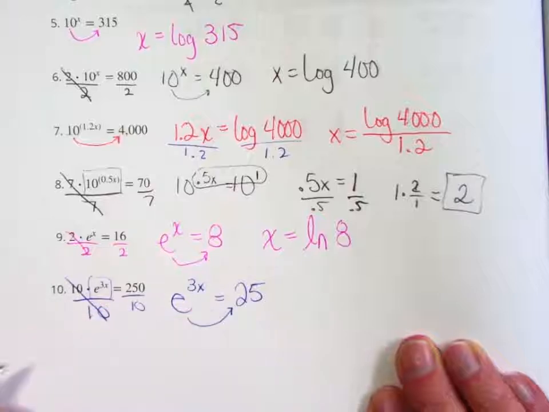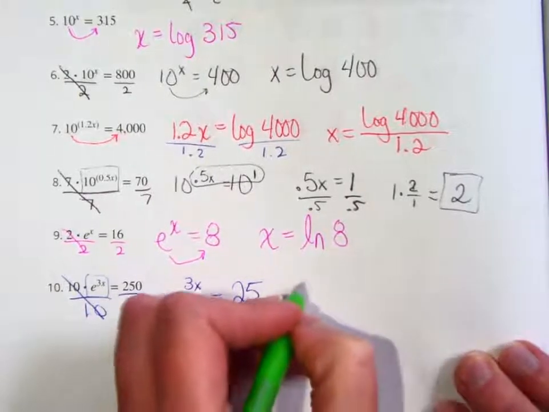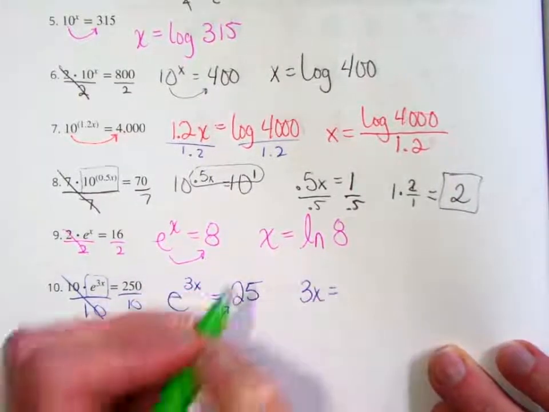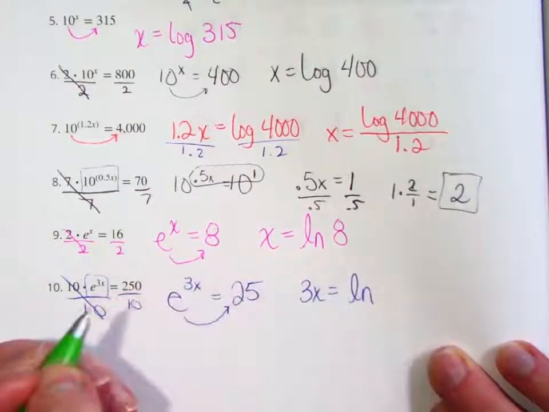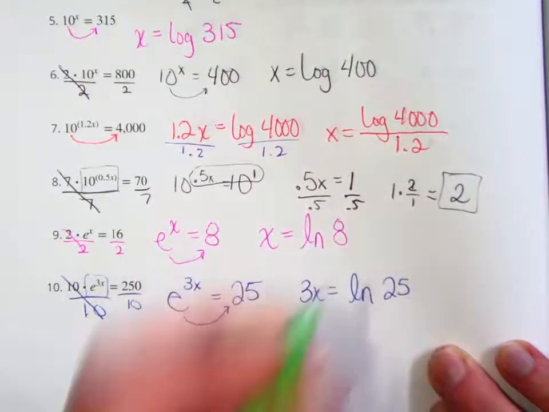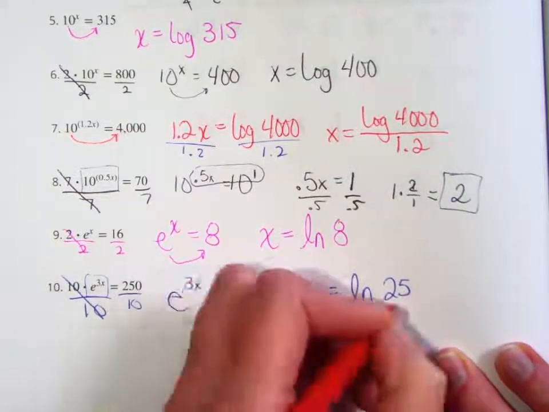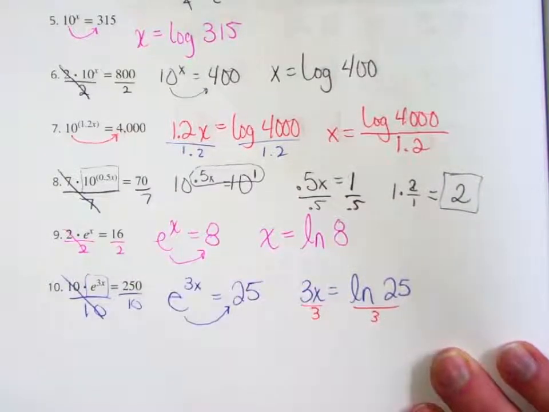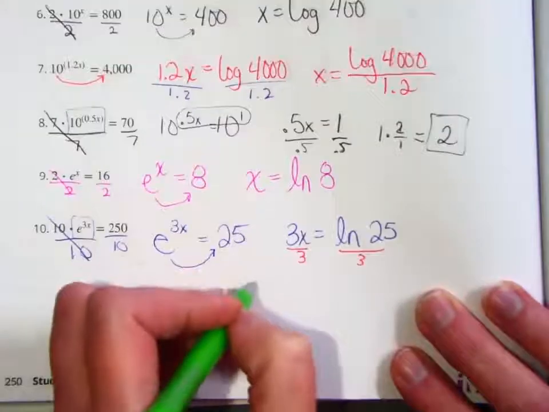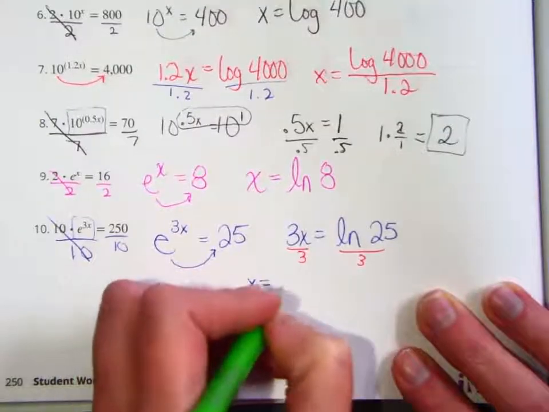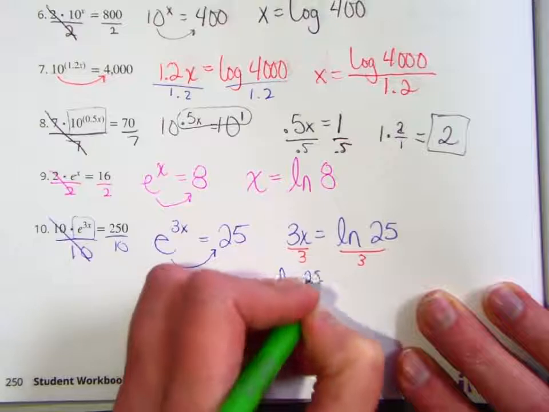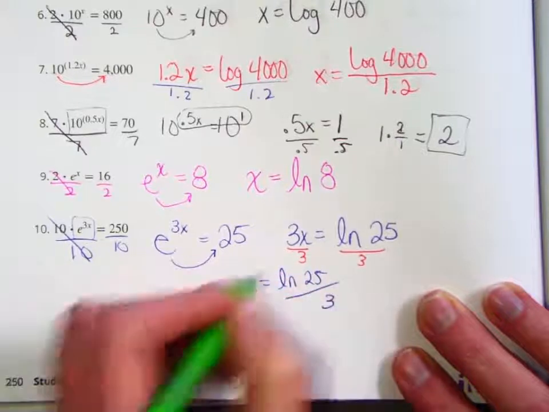Log roll that E base to the other side. 3x equals the natural log of 25. Last step though, gotta get x by itself. We're not done until x is all by itself. So x equals natural log of 25 divided by 3.